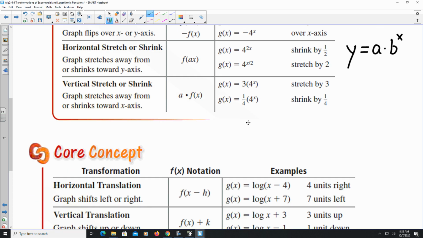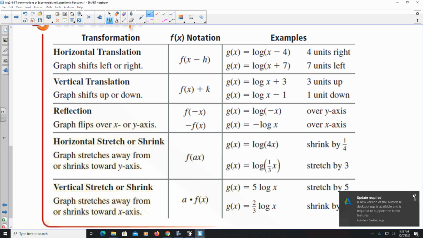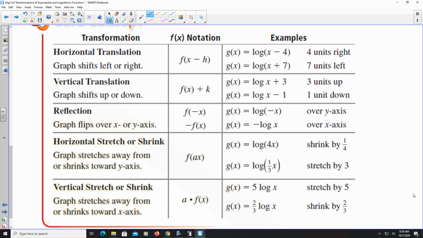If you look at logarithmic functions, here are the transformations for this one. Remember that logarithmic functions are inverses of our exponential functions up top.